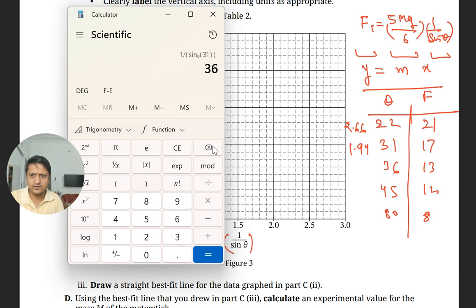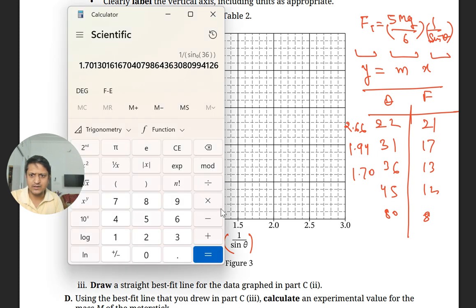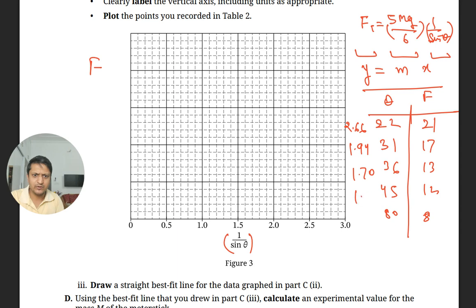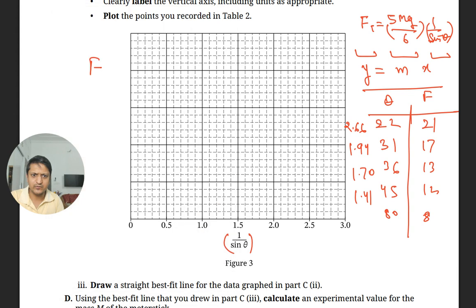Then we have 36, 1 by sine is 1.70, and now 45, 1 by sine is 1.41. And then 80, 1 by sine becomes 1.01. So these are the values.